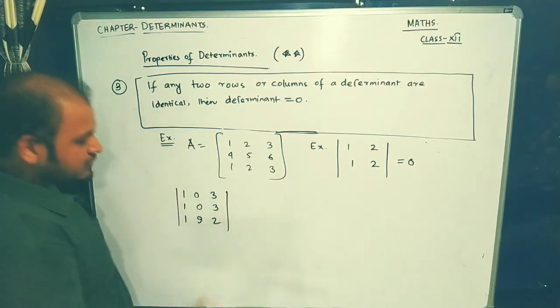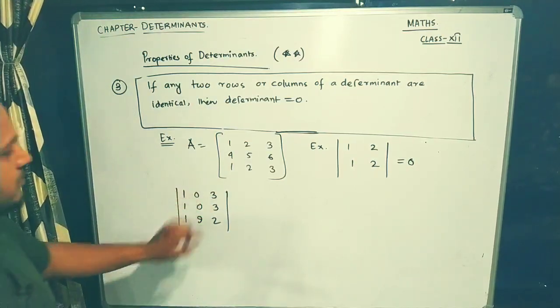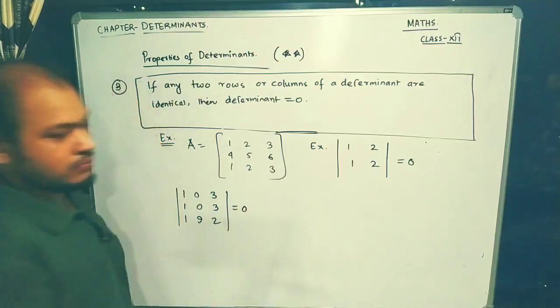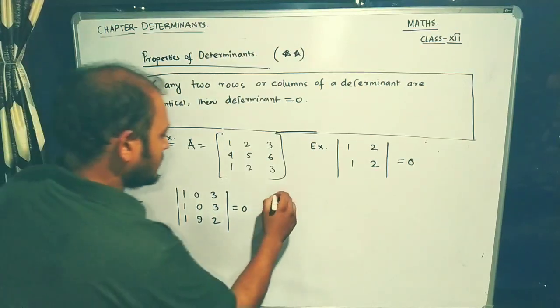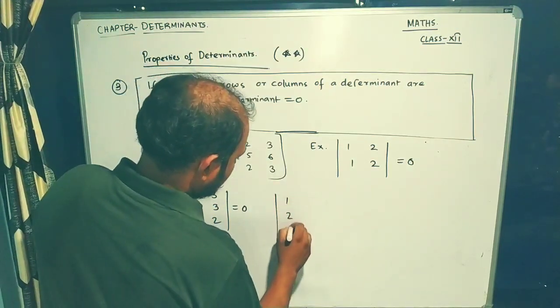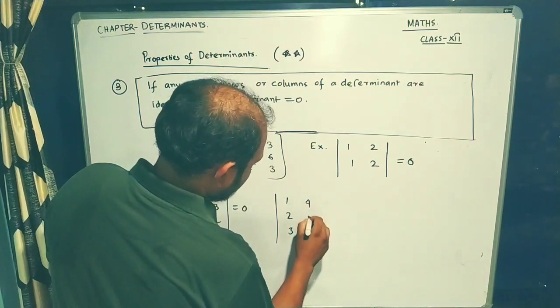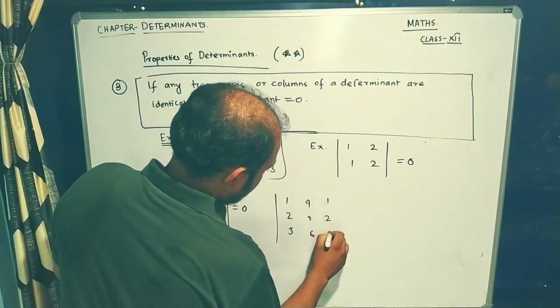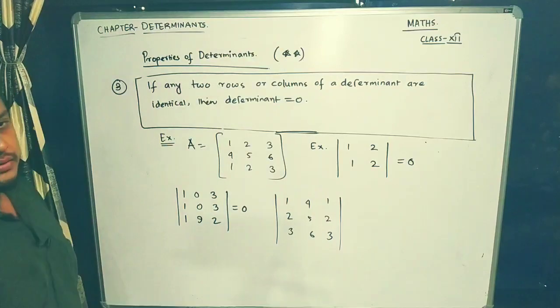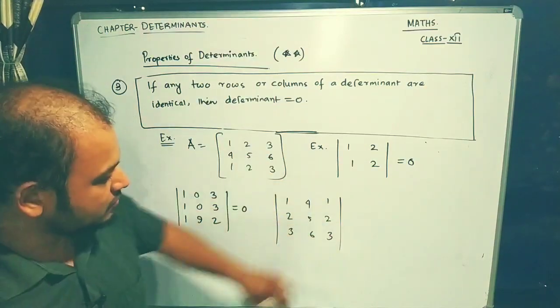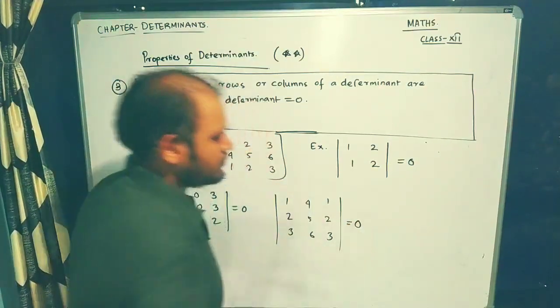What will be the determinant? Since 2 rows are same, determinant equal to 0. Guaranteed. Again another example, 1, 2, 3, 4, 5, 6, 1, 2, 3. What will be the determinant? Since 2 columns are same, determinant equal to 0.